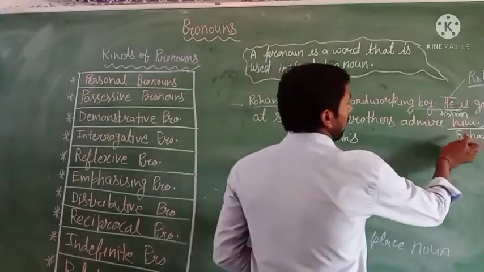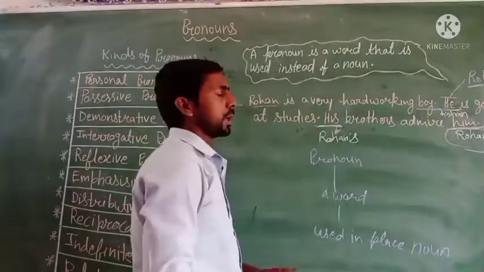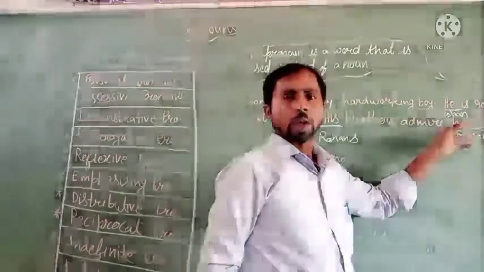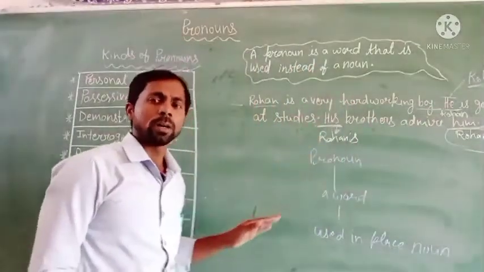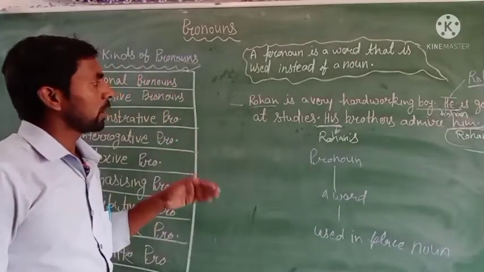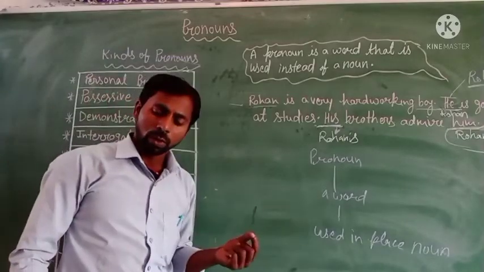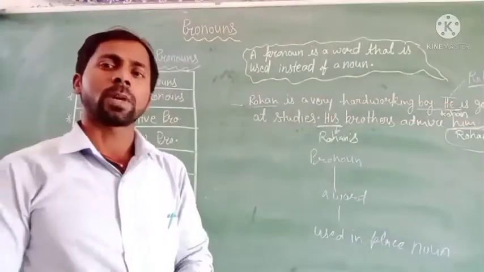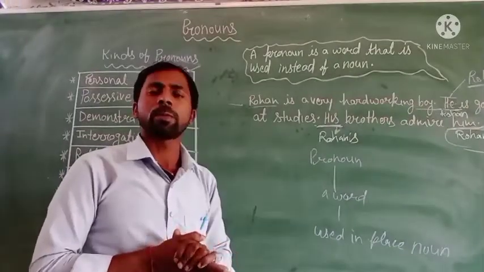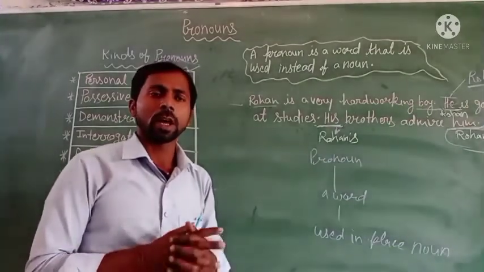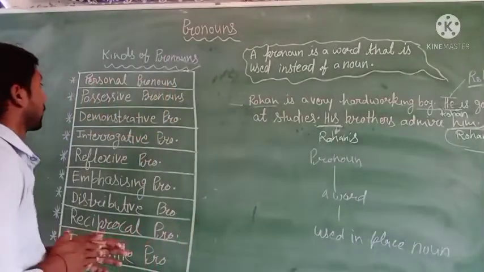Here is him, and in place of Rohan you use another, new word like him, and this type of word is called a pronoun. It is only a word that is used in place of a noun. Clear?